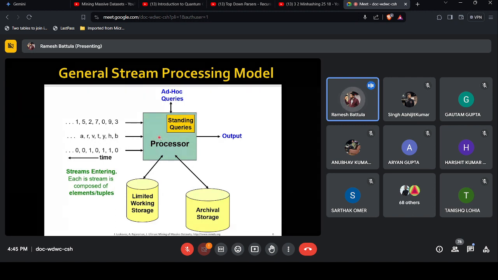This processor uses standard queries, as well as sometimes ad hoc queries. Before this processing, it requires limited working storage to store some of the new data, or some data is already in archival. Both the archival and limited working storage are going to be used by the processor to analyze. After this analyzing, the output will be released.